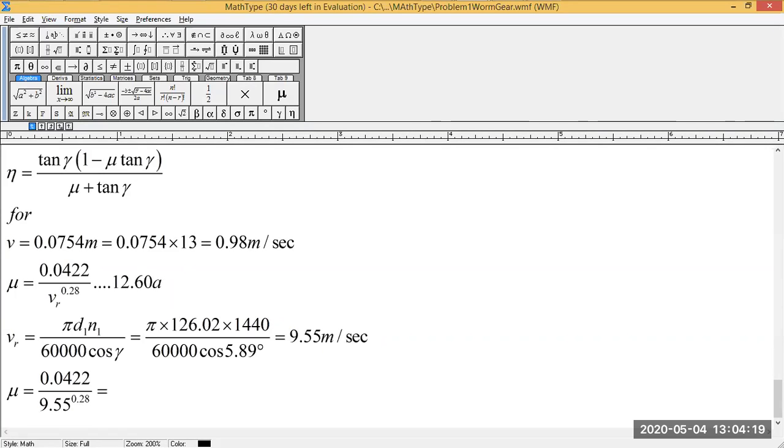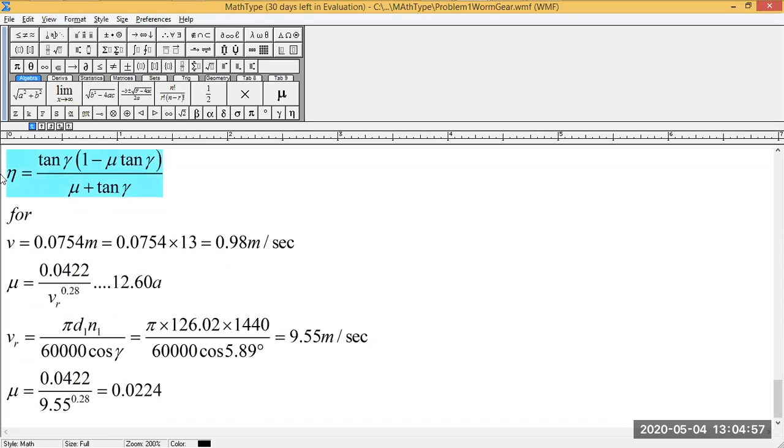So that means this here will be 9.55 or 0.28, 0.0422 divided by this. I'm getting the value of mu as 0.0224. Check if you got some different answer.